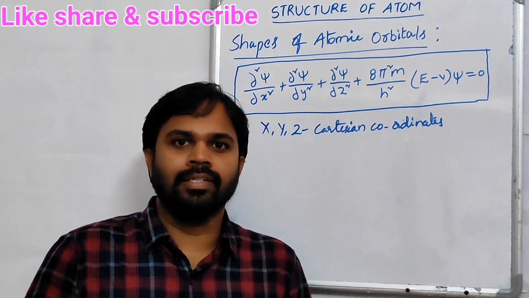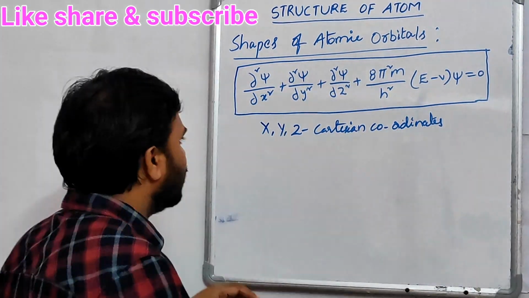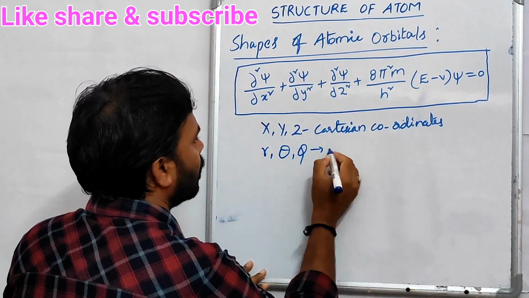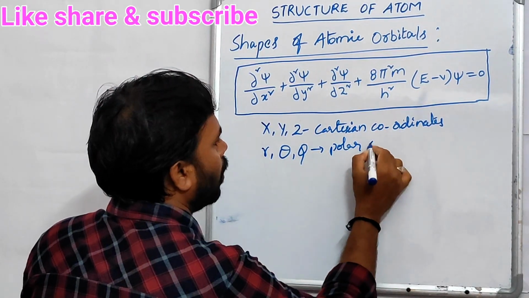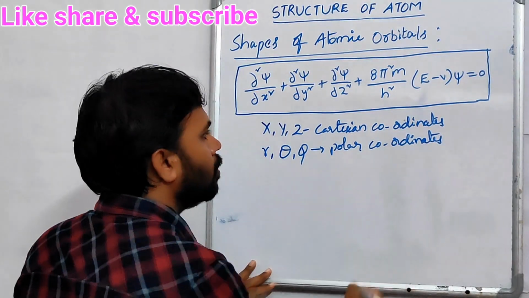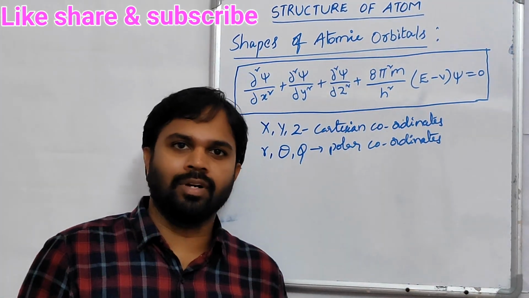For better understanding, these Cartesian coordinates are replaced with polar coordinates. They are r, theta, phi, polar coordinates. I think all of you know what Cartesian coordinates and polar coordinates are.